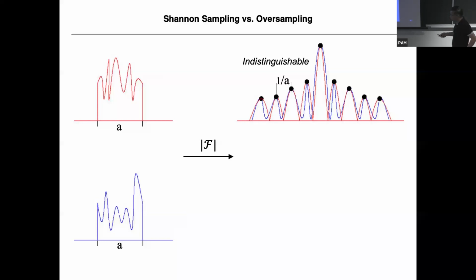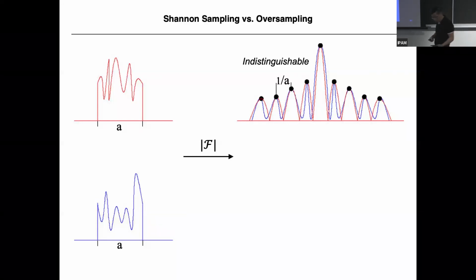So I can do another demonstration here, just using my laser pointer. This is a coherent wave, and this is a surface. If I shine the laser on this, you can see the interference pattern on the cell phone. If I scan it, you can see there's a bigger peak and some small peaks, which means there's some structure on the surface. If I scan it, you can see the pattern change.